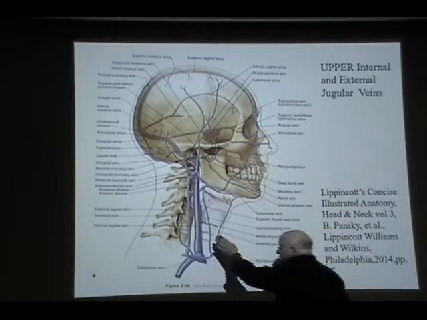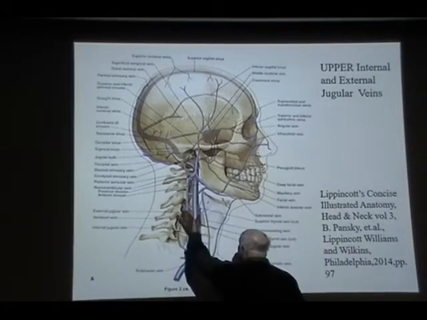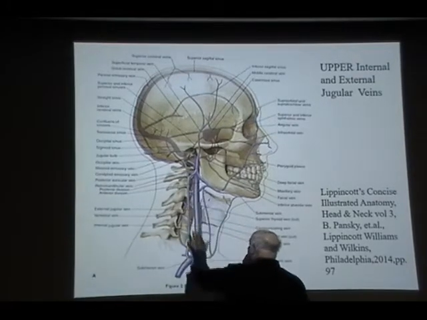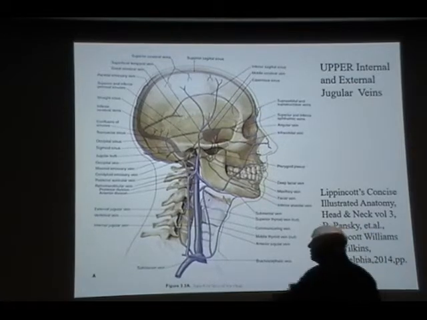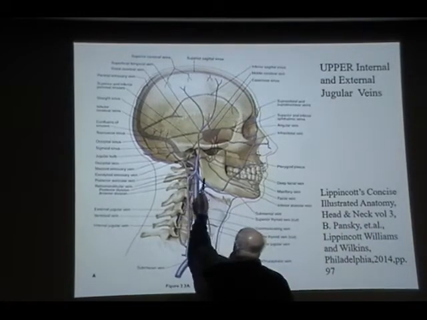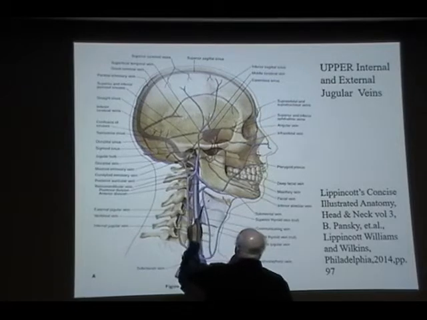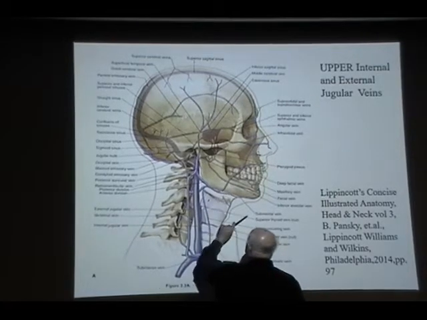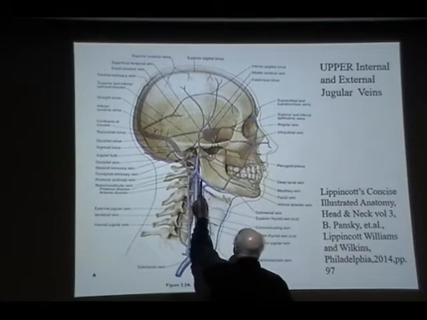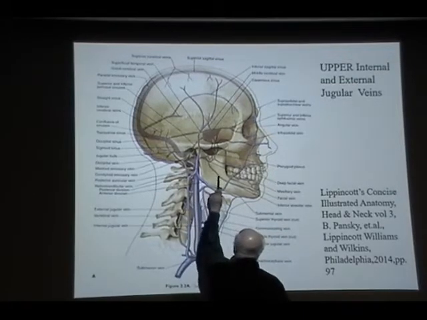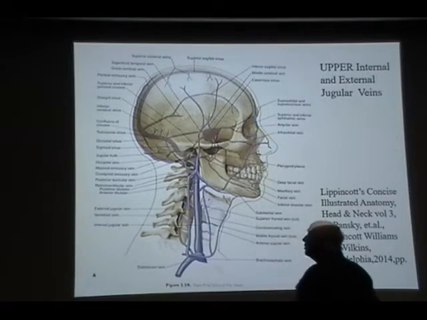So that would be the sternocleidomastoid running between these two veins, from the mastoid process down to the sternum. Now, if you look right here, over in this corner, here's the angle of the mandible. Here's the facial vein draining off of the face, okay? And you can't see the maxillary vein, but it's shadowed behind the mandible.